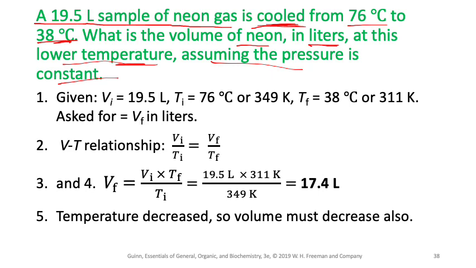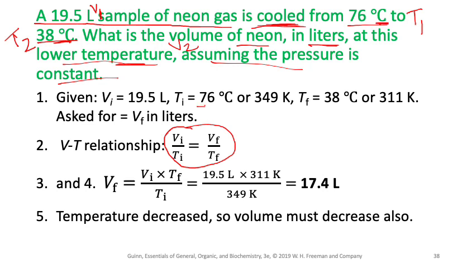So we know this is your V1, 19.5, this is your T1, this is your T2, and you have to figure out V2, the volume. Before we use the equation V1 over T1 equals V2 over T2, or VI, TI, VF, TF, we have to convert the temperature into Kelvin first, because the temperature is in degrees Celsius.